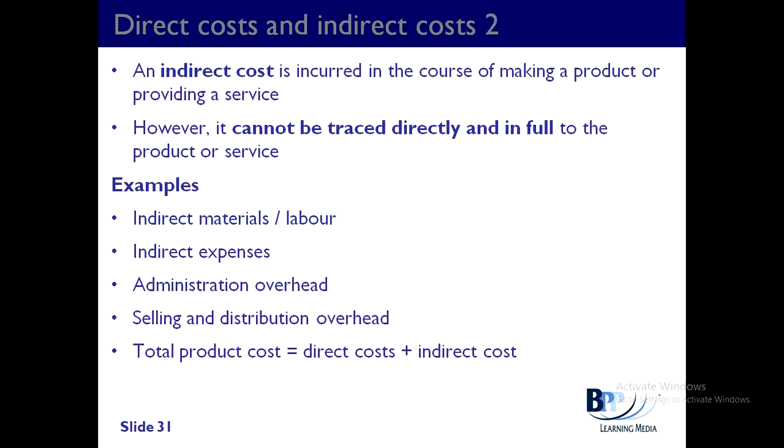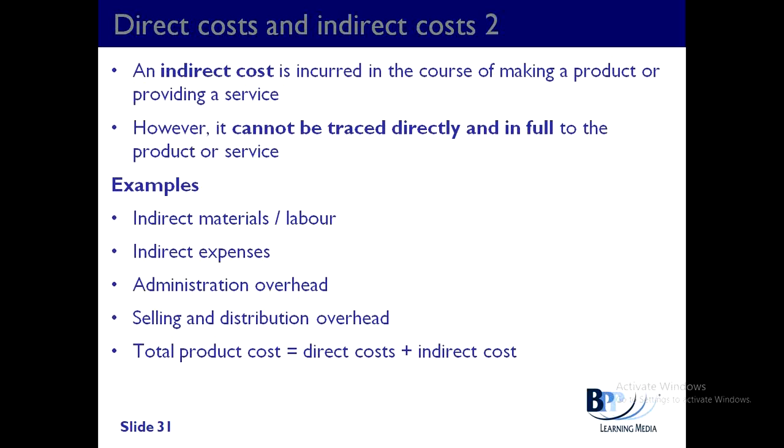Indirect materials could be things like cleaning materials that the company can buy, which cannot be directly traceable to a particular product. Indirect labor could include security, supervisory labor, and other labor costs that are not directly linked to the production of a particular product, plus other indirect costs. The combination of all indirect costs is called overheads.